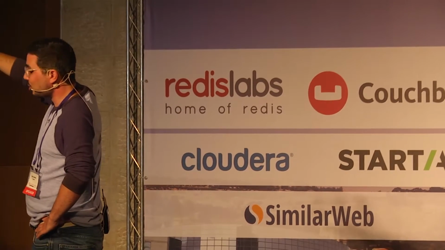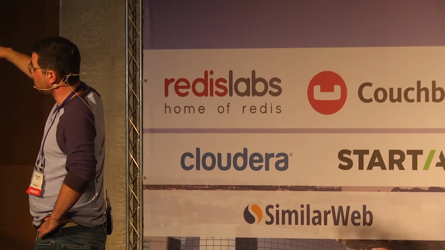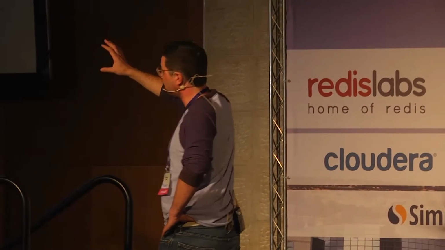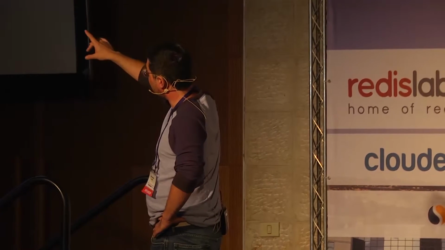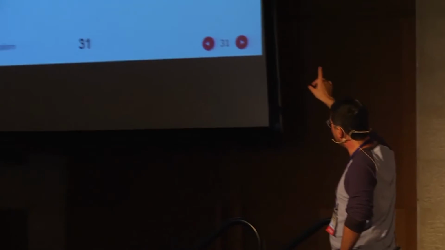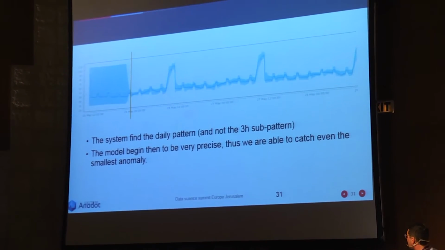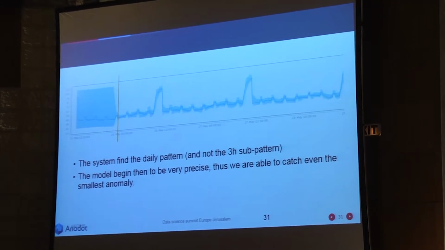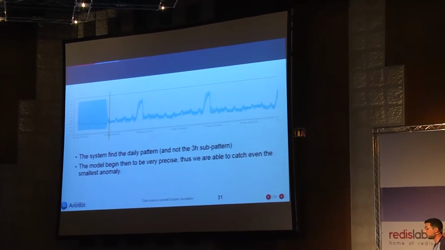And we can see the evolution of the model. The model is very wide at the beginning without the seasonal model, and after it clearly catches the correct value. This example has another complexity because there is a daily pattern and also a 3-hour sub-pattern. This is one of the most difficult examples because what we need here is to extract the daily pattern and not the 3-hour pattern.